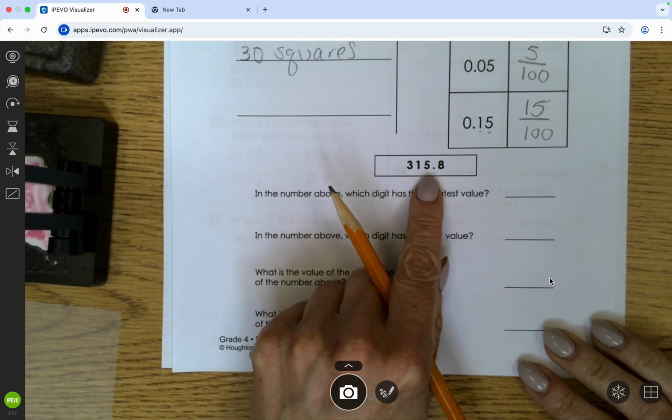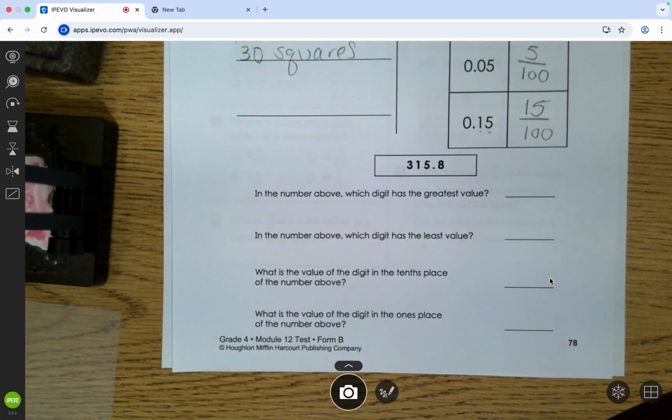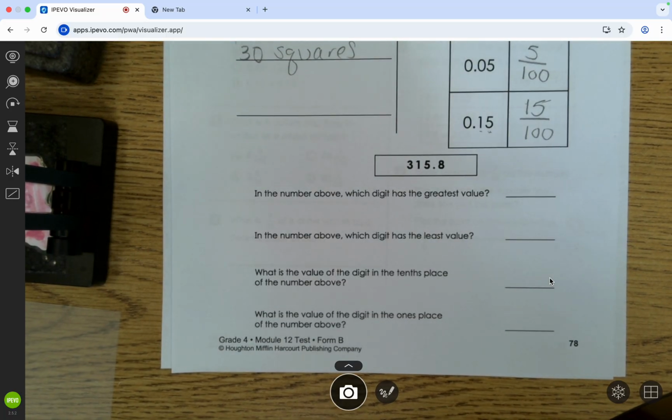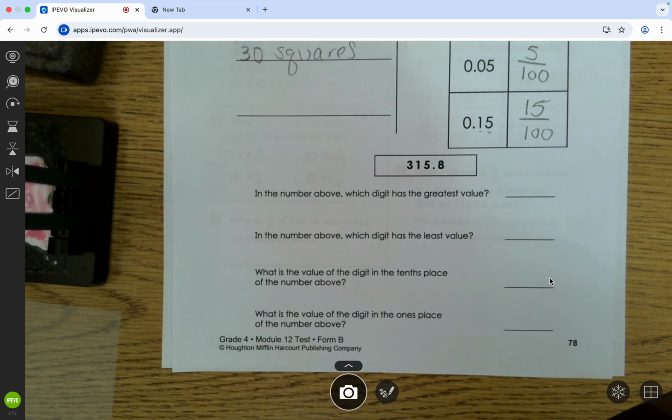So we have a number in the box, and we have to answer these questions about it. And I'm going to give you your secret word right now, but I'm not going to write it down. I'm just going to tell you what it is, because this is a really good test to see if you are fast forwarding and just looking for a word. I hope not.